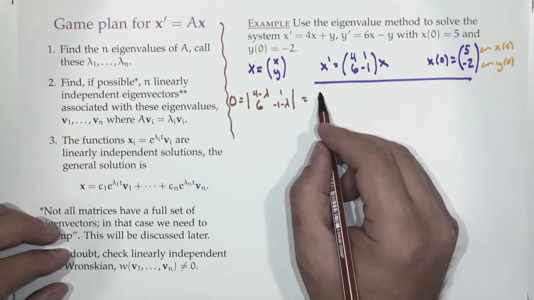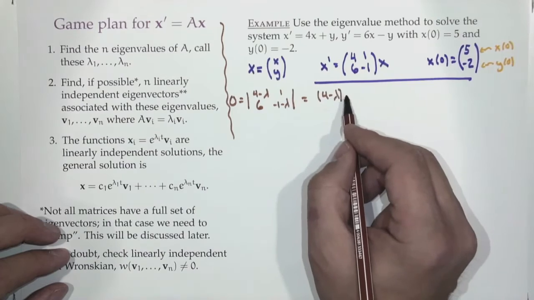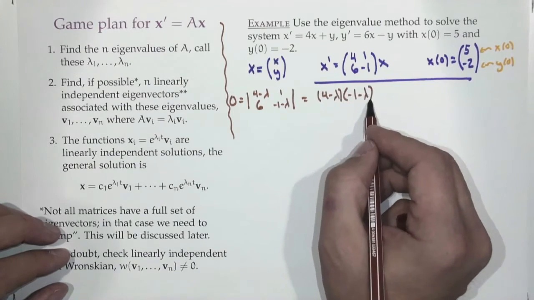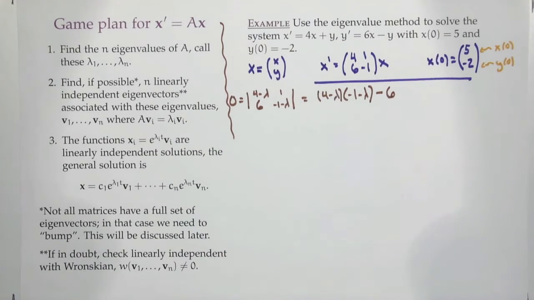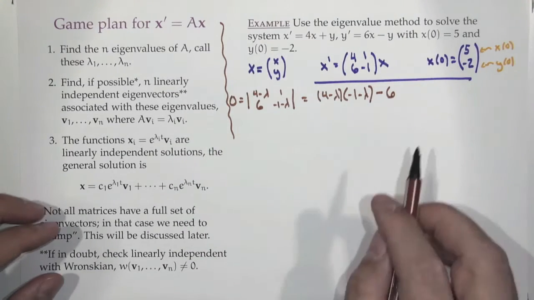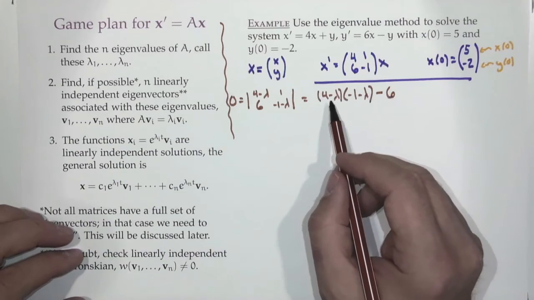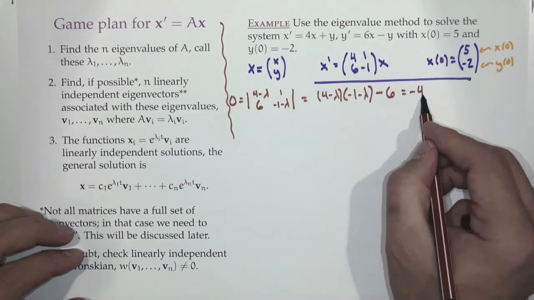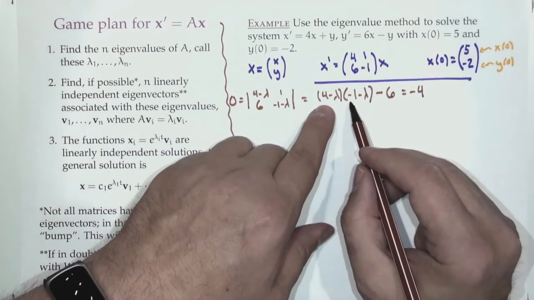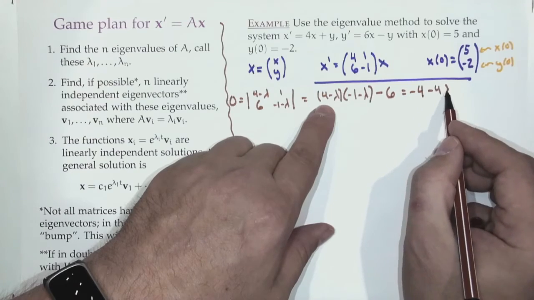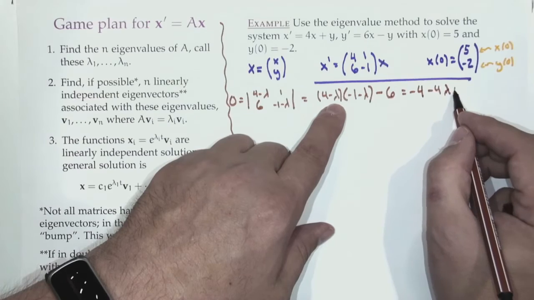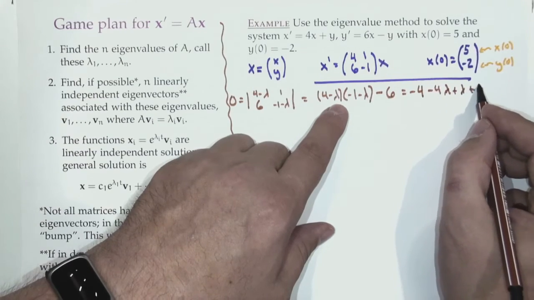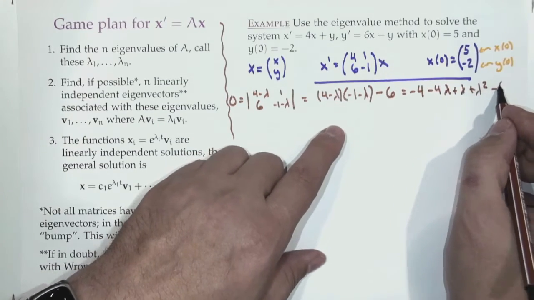So this would become 4 minus lambda times negative 1 minus lambda, subtract 6. We start expanding things out. Let's see, we're going to have a minus 4, then a minus 4 lambda, a plus lambda squared, and a minus 6.